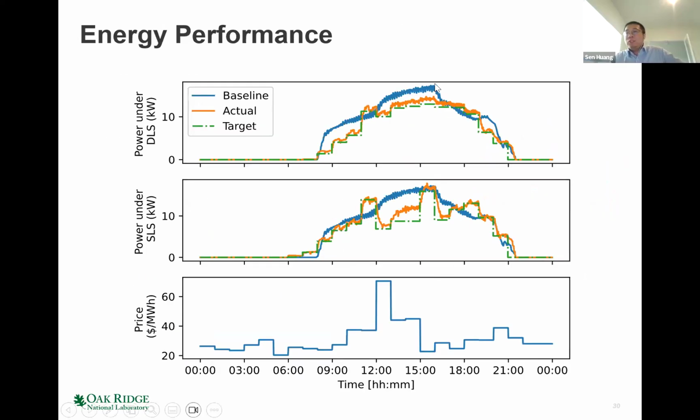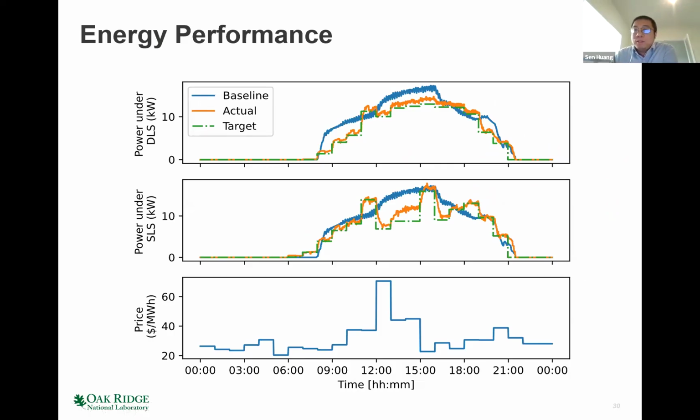So this is one example to show how the prediction inaccuracy affects the result. The top one is really the original deterministic load dispatch. In the bottom one, basically we're showing the price signal. You can see at the very noon time, we have a very high price. That means the power grid generally expects the building system to reduce the power usage.